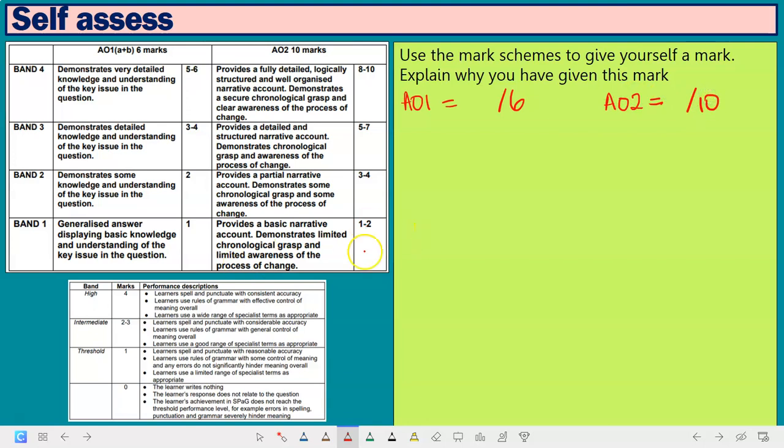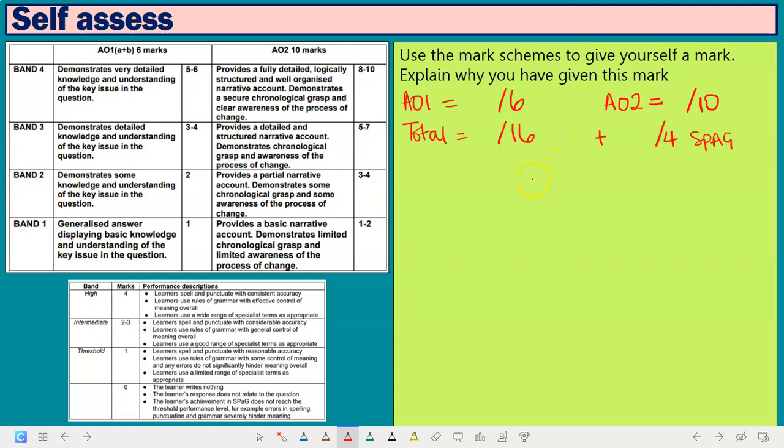Okay, so that gives you a total out of 16, and then we're going to give plus whatever out of 4 for SPAG. Okay, so your marks are going to look like this.